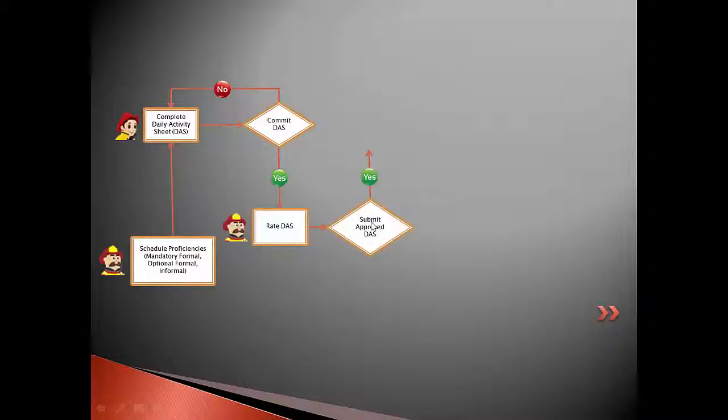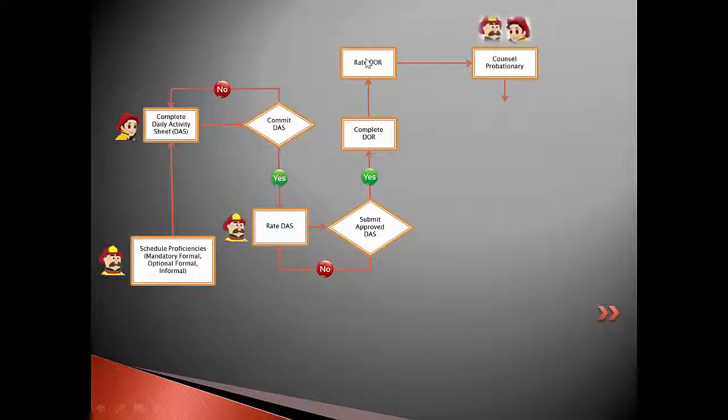The station commander will then begin completing the daily observation report, the DOR. The station commander will rate the DOR and consult the probationary. The probationary then has the opportunity to acknowledge his DOR rating by the station commander.